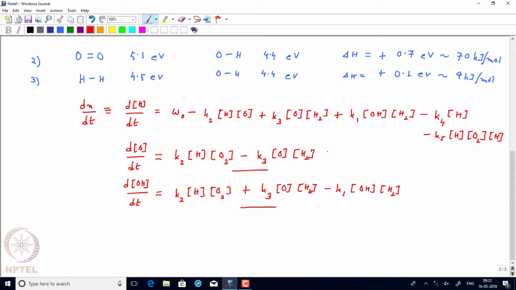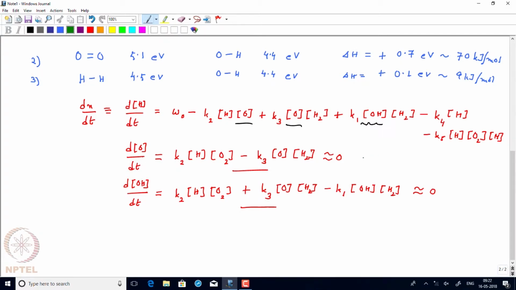So we can actually make the steady state approximation for these two radicals, OH radicals and O radicals, but not for the H radical, because the H radical is the one that we want to solve using the values of the O radical and OH radicals, because as you can see we need those values. O radical is here, O radical is here, OH radical is here, and here also. So these things we have to replace. Now if we solve these equations, this is very straightforward.